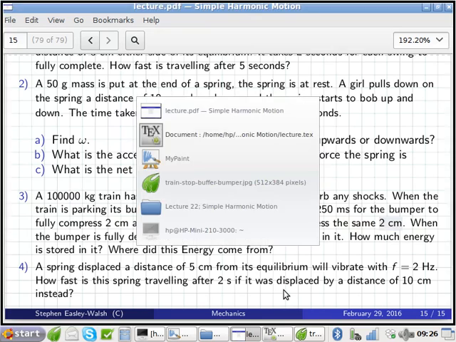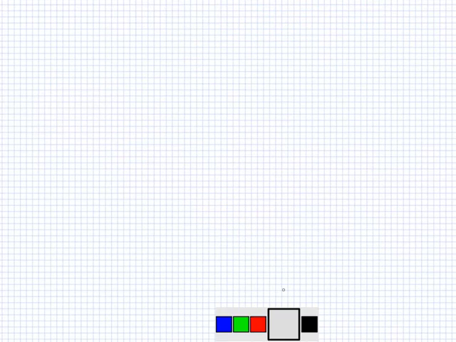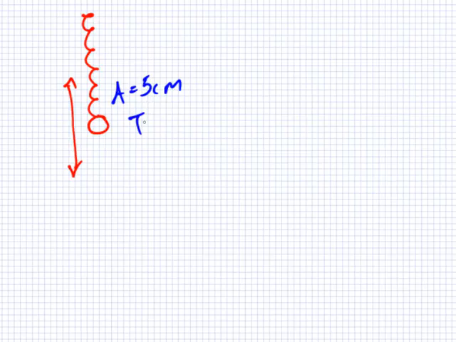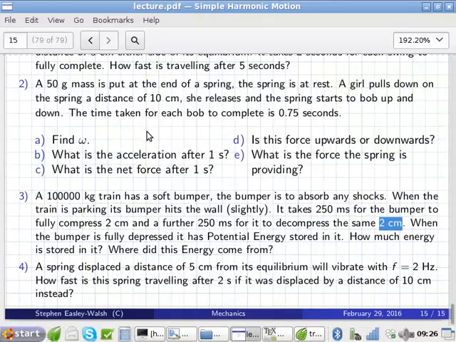Okay, so in the last one, what you have is this spring going up and down, and here the amplitude is 5 centimeters, and the frequency is 2 hertz.